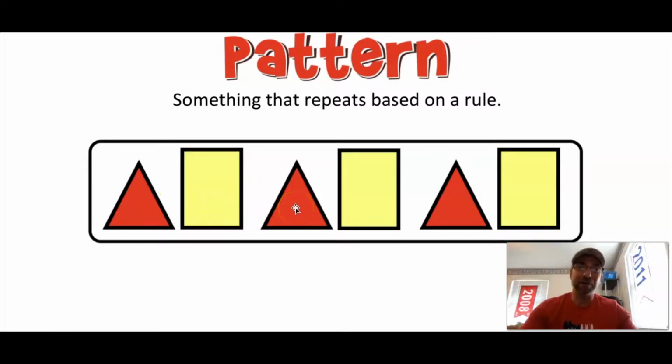Red triangle, yellow rectangle. It repeats based on a rule, and that makes it a pattern. What shape would come next? Hopefully you said the red triangle, because that would keep the rule going on and on.